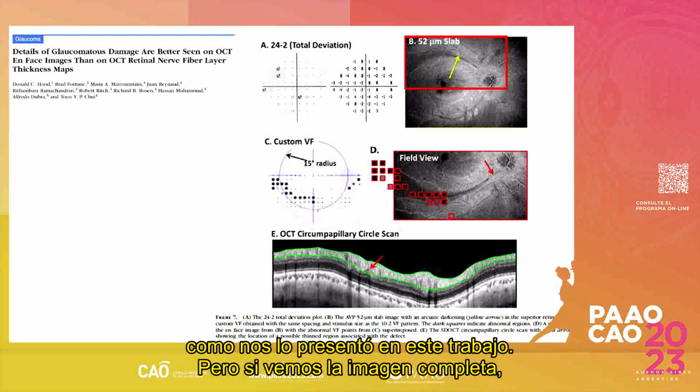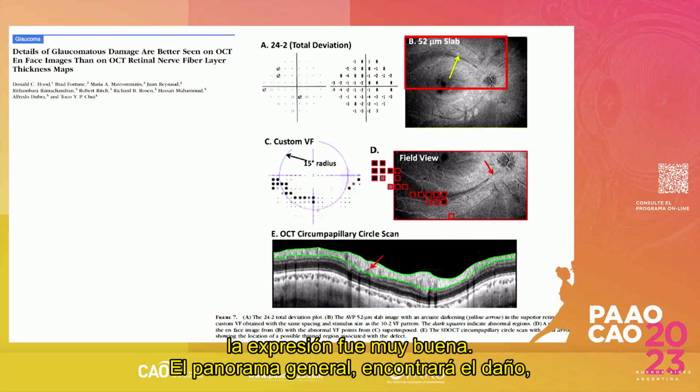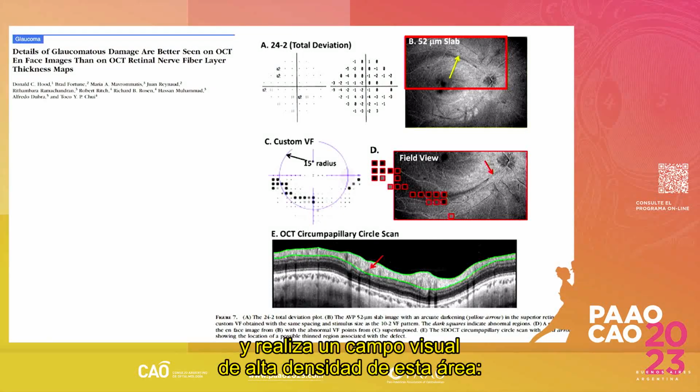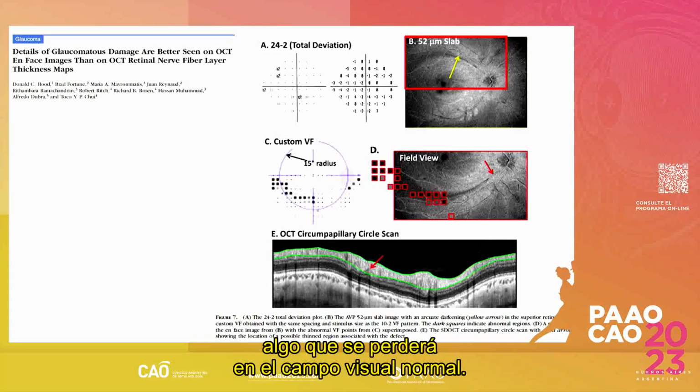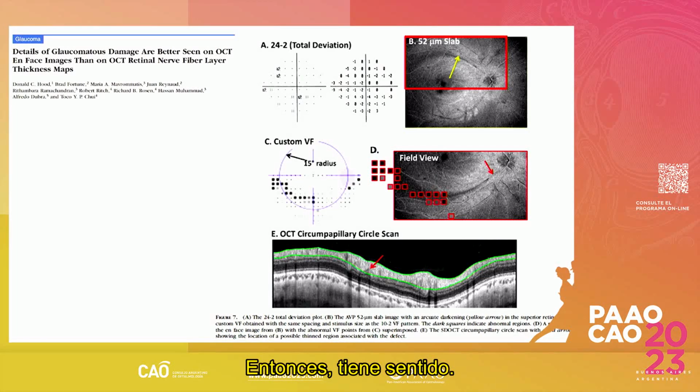But if you look at the whole picture, the wide picture, you're going to find the damage. If you start working with the en face image, and you perform a high density visual field in this area, something that you're going to miss in the normal visual field, you're for sure going to find in the high density visual field, so it makes sense.